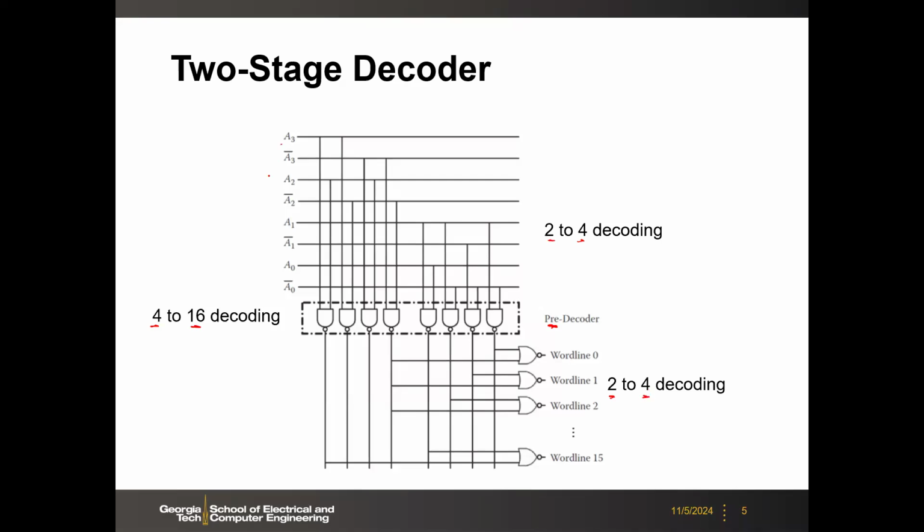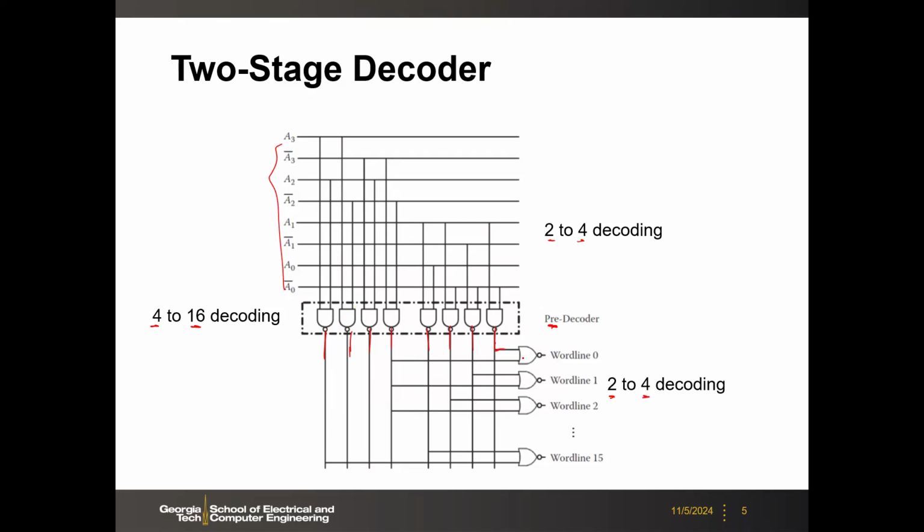So here the input is 4 bits, and then you have the NOR gates, and you decode the first stage, and then the output of that becomes the input of the second stage. For a large memory array, this pre-decoding is always needed.